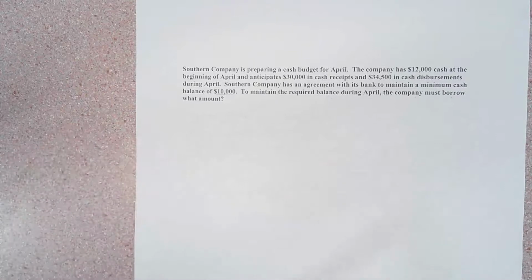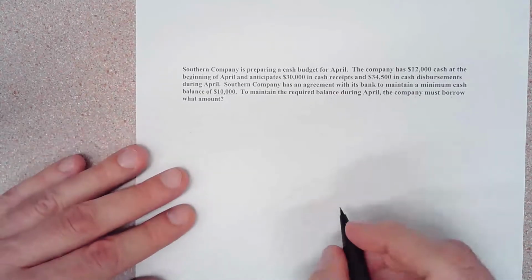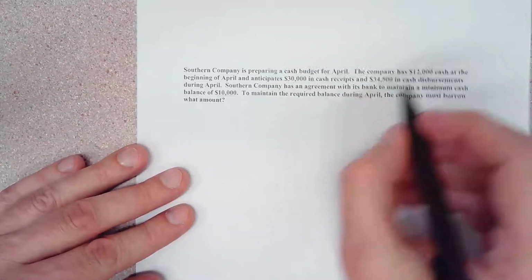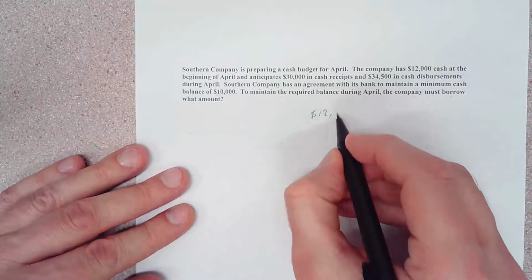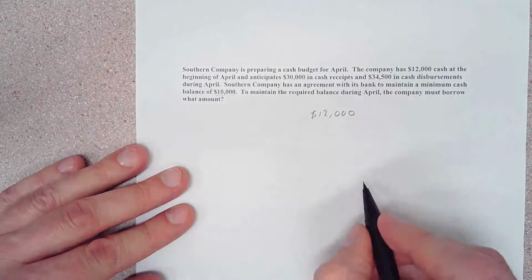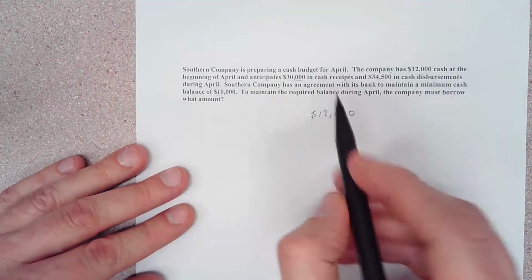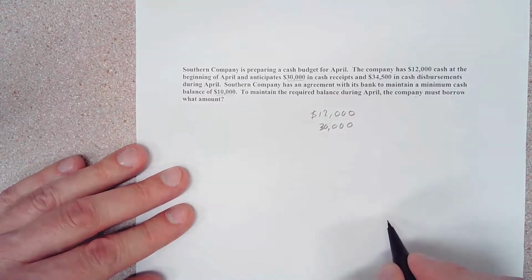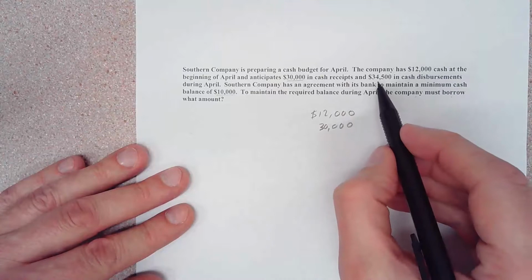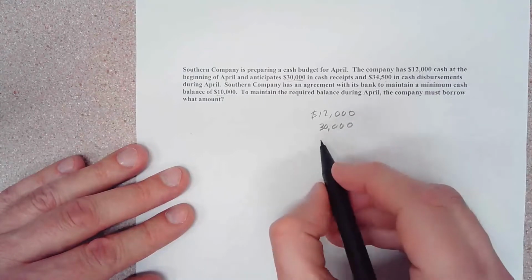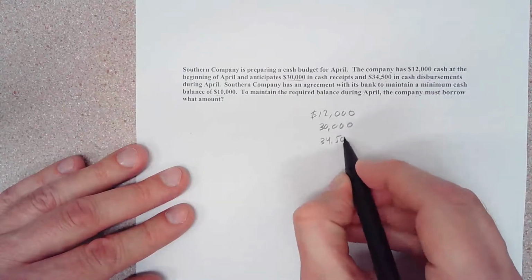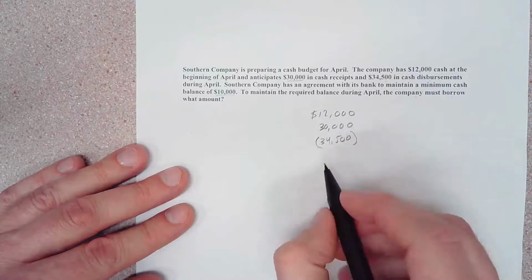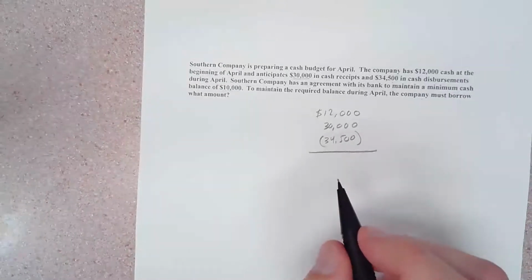Well, this is pretty simple. We just start off with our beginning balance of $12,000. We're going to add to that our $30,000 in cash receipts. And then we got $34,500 in cash disbursements.